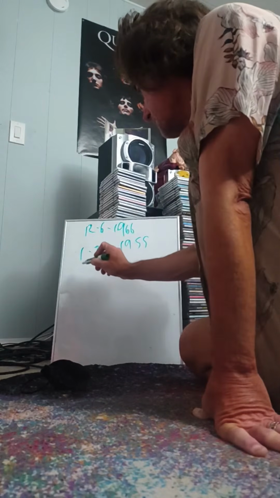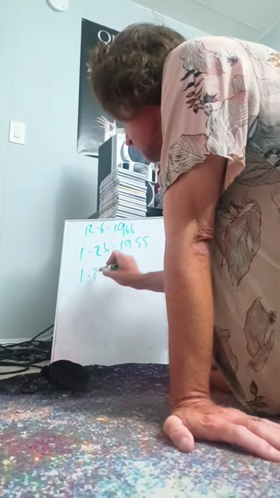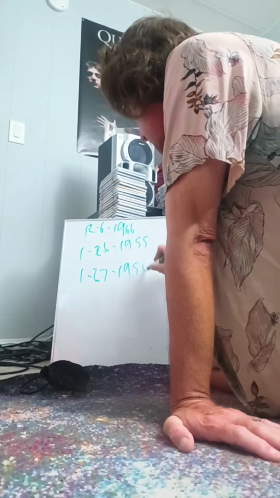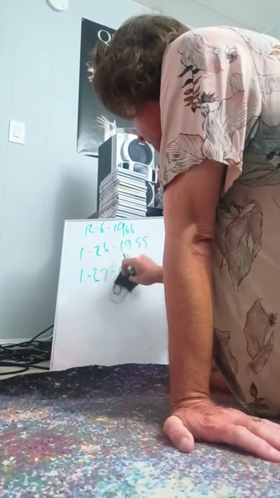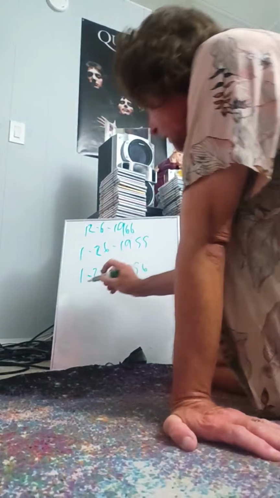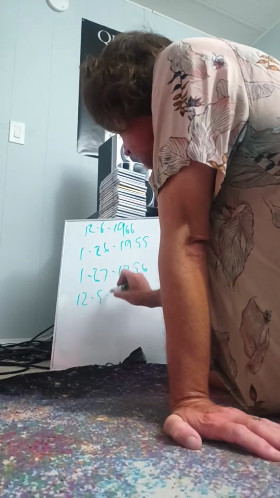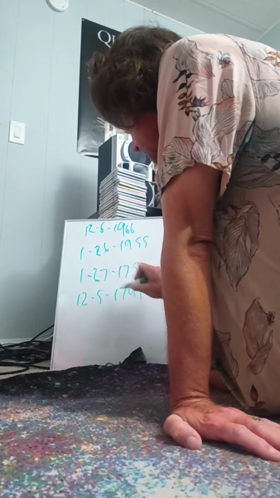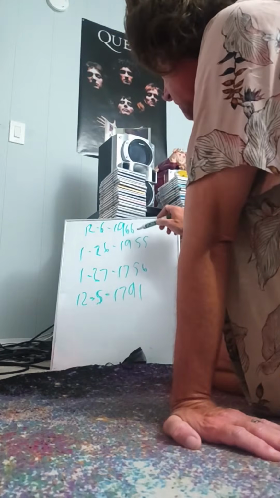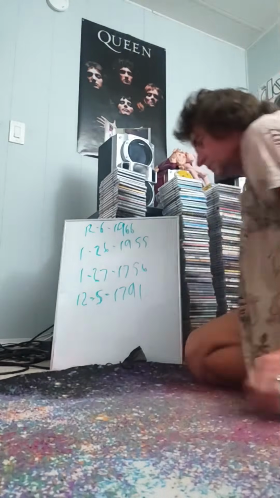And Wolfgang Amadeus Mozart was born 1/27/1756. Got off by a couple hundred years. Died 12/5/1791. So this is interesting, between my birthday, Eddie Van Halen's birthday, Mozart's birthday, and his death day.